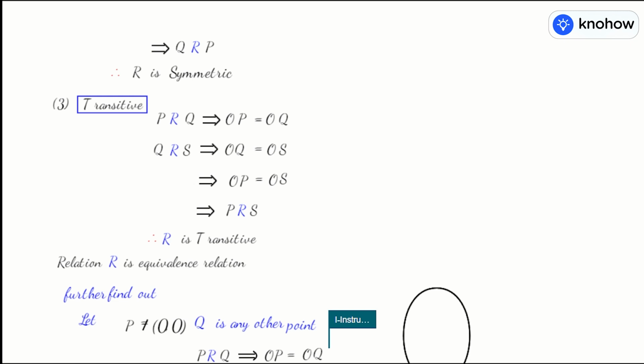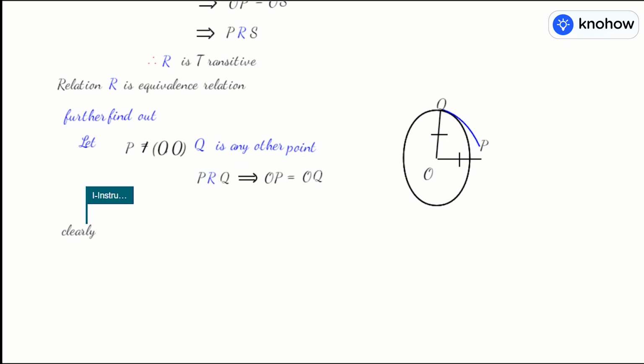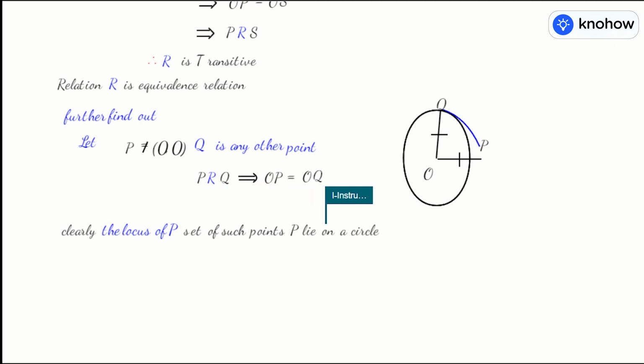Now you recollect in your junior classes, in class 9th, 10th, you have done the locus of a point which remains equidistant from a fixed point. And here the condition of locus is satisfied, that OP remains equal to OQ if they are related. So clearly the locus of P, or the set of such points P, lies on a circle with radius equal to OP.